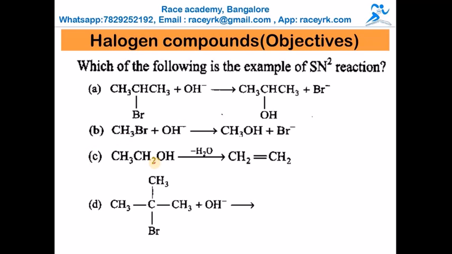In the third option, there is simply a dehydration process given. And in the fourth option, we have a tertiary alkyl halide. Usually, primary alkyl halides and their hydrolysis is an SN2 reaction. So the second option, methyl bromide hydrolysis, is the right option for this one. Let's move to the next one.